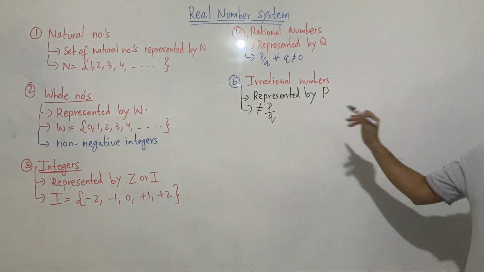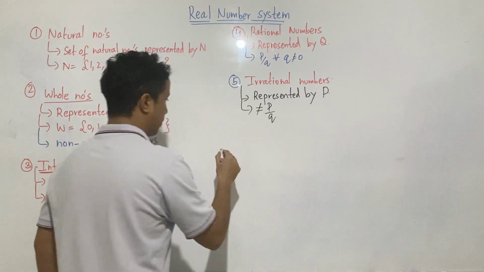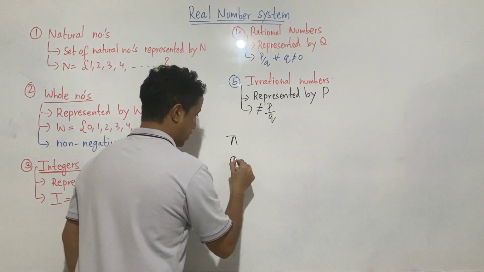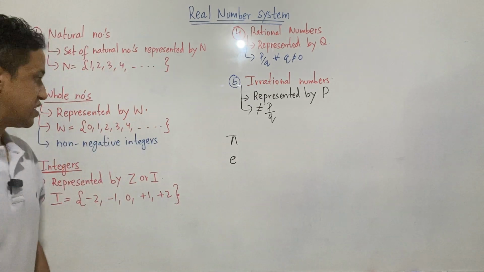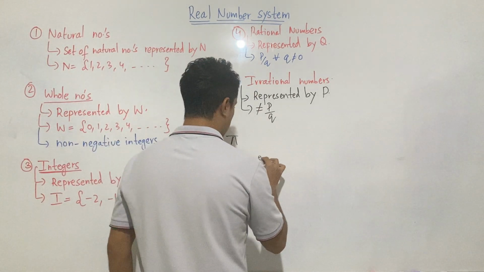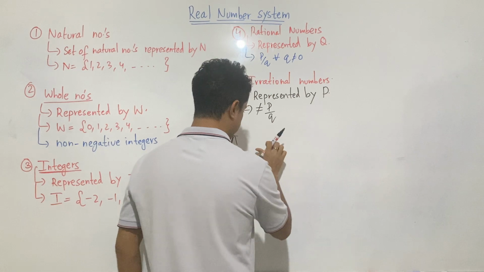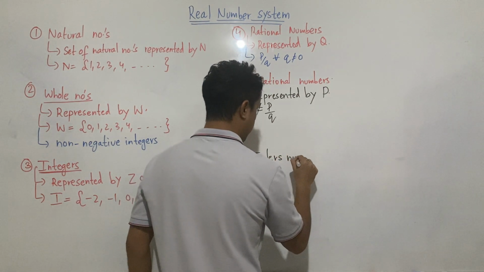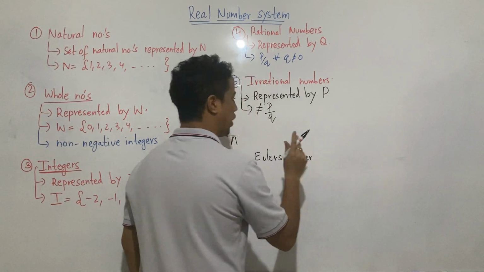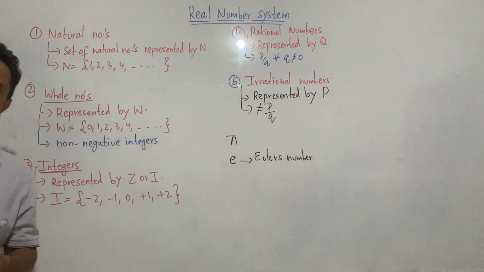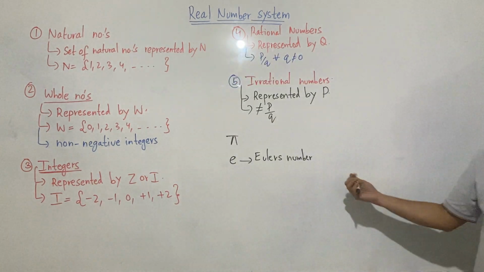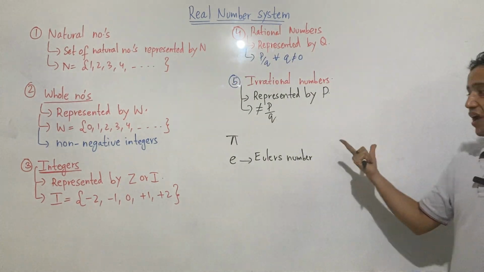Okay, so the example I would say is pi, and e. Now see here, this e is Euler's number, right? Because when we did exponentials and logarithms, especially exponential, we derived this number.